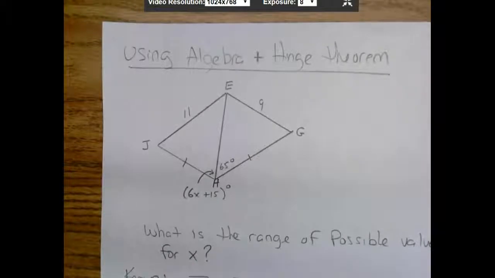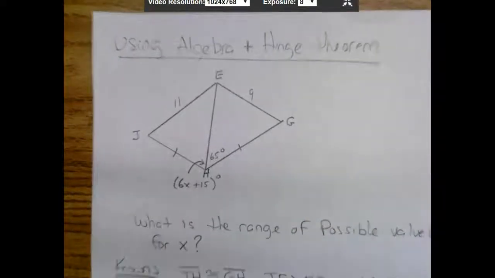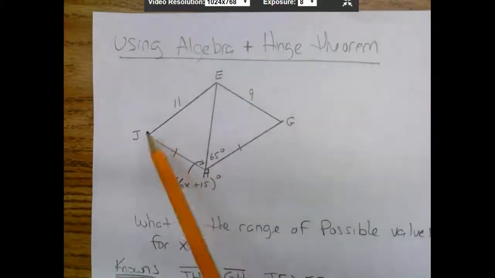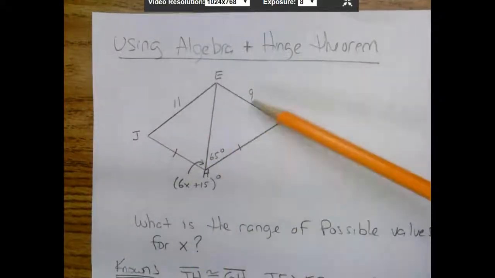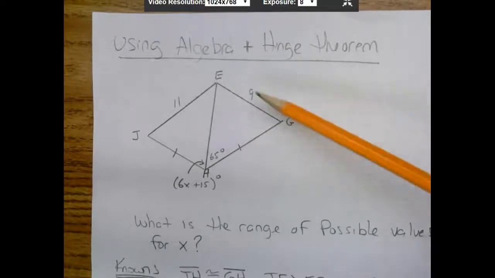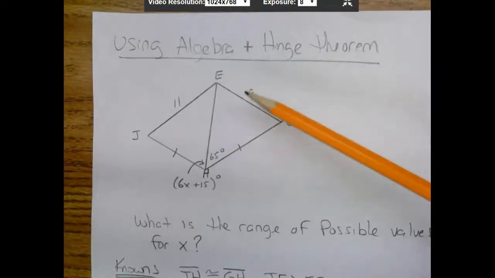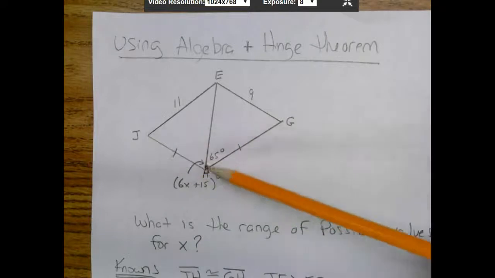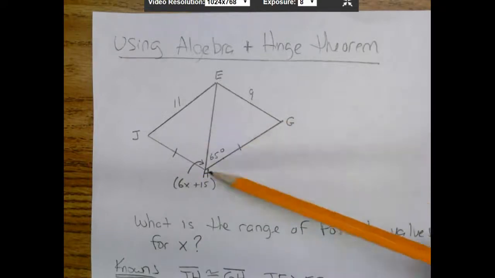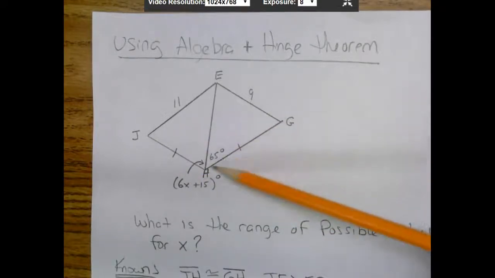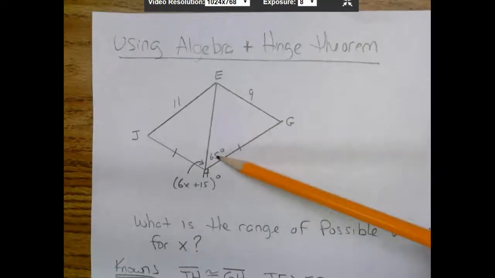Here we have a couple of triangles, and we have some sides. We know JE is 11. EG is 9. And we know that these sides, J to H, is congruent to H to G. We also have an angle here, 65 degrees.